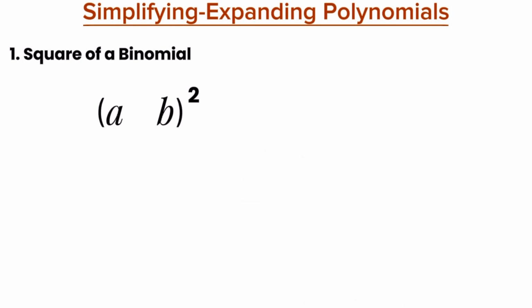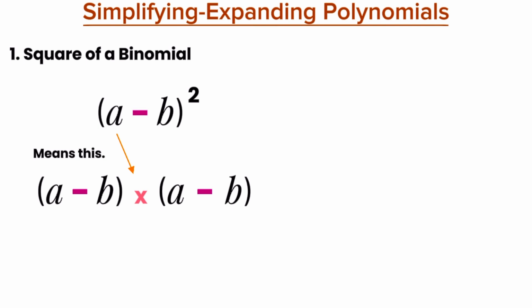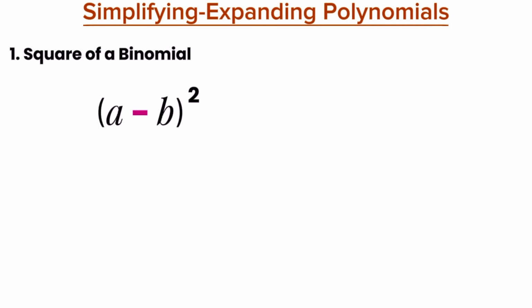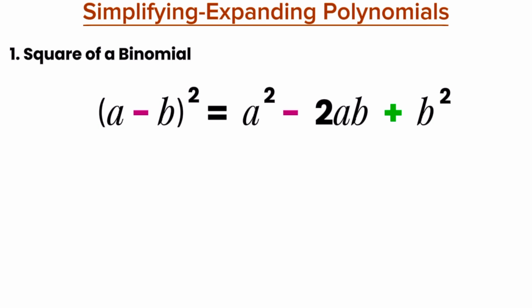Now let's look at what happens when a binomial being squared involves subtraction. The result ends up being this formula instead. That's a minus b squared is equal to a squared minus 2ab plus b squared. The main difference here from the previous formula is now the first plus sign is now a minus sign.